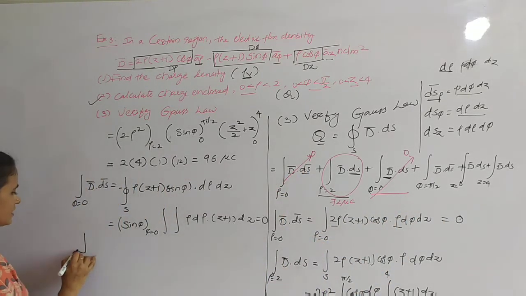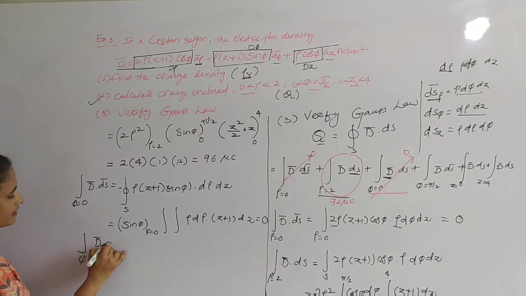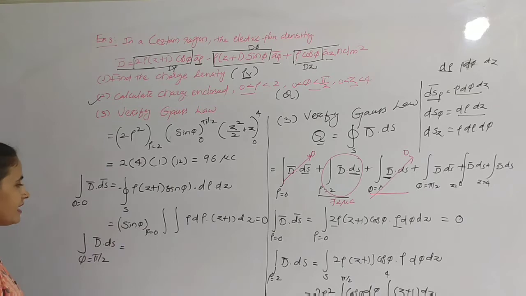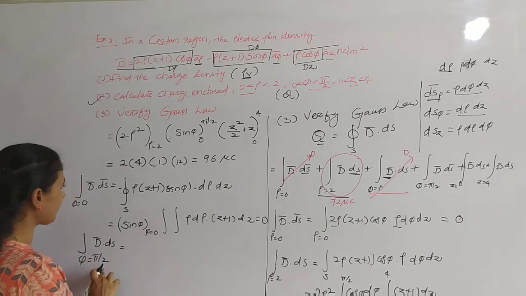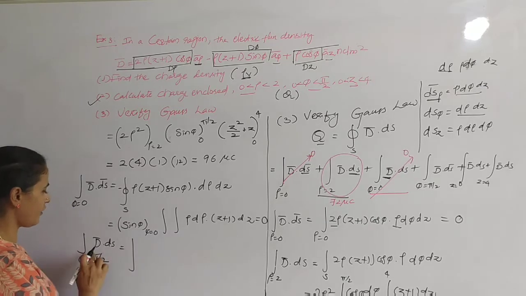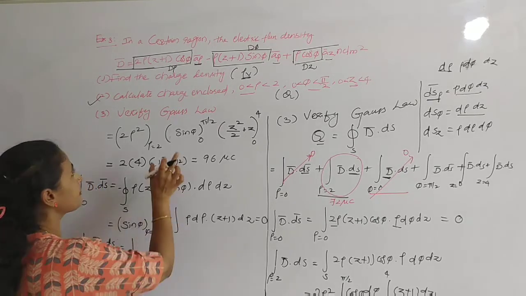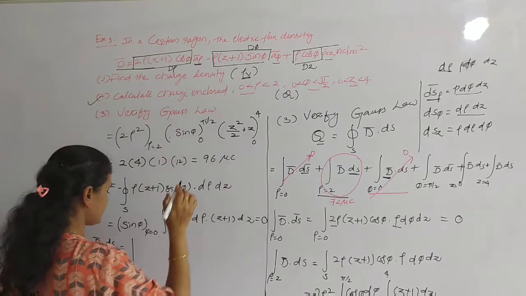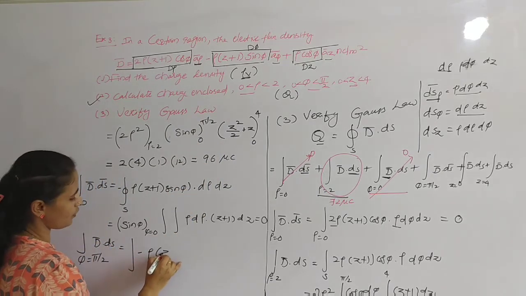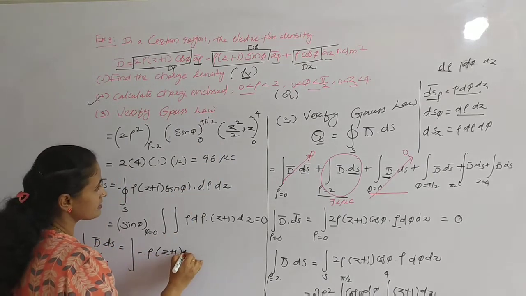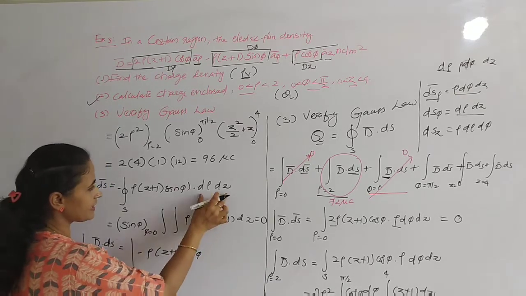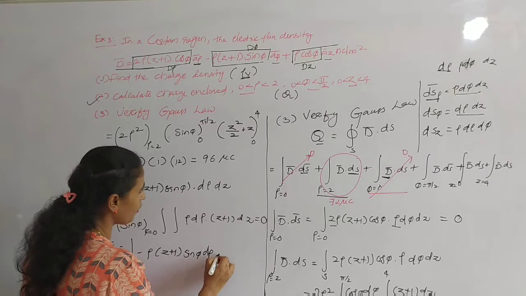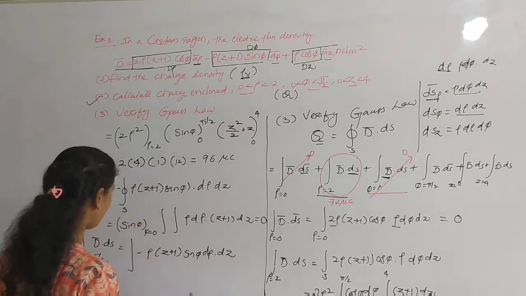It is the integration of D bar of the phi term, which is minus rho z plus 1 sin phi, and dS is d rho dz.